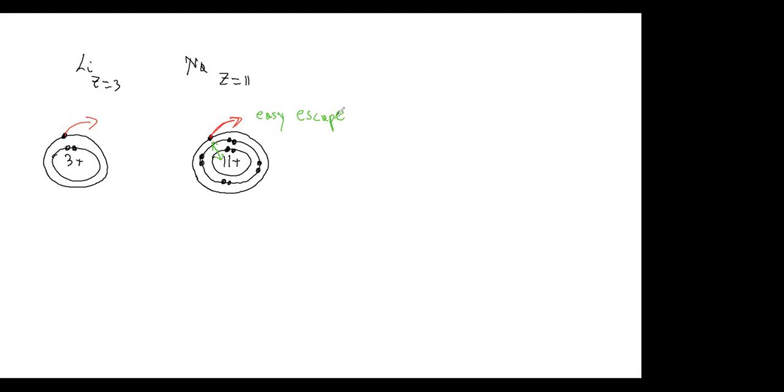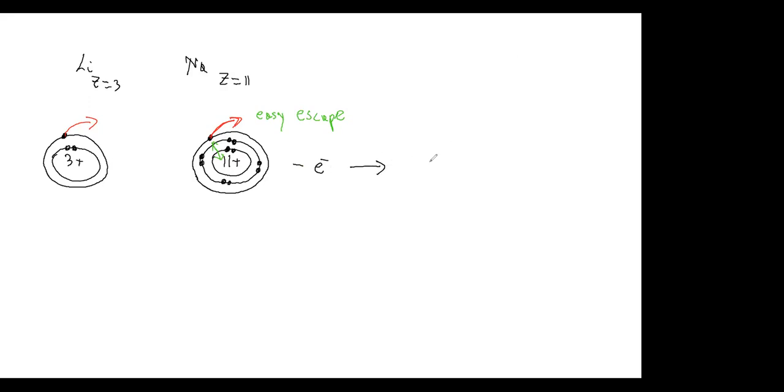What does it mean it can escape? It means that from releasing the electron, the sodium would complete the outer shell. So we are going to write here minus electron. And what would it be like?